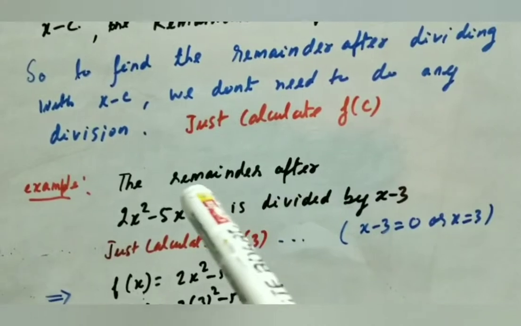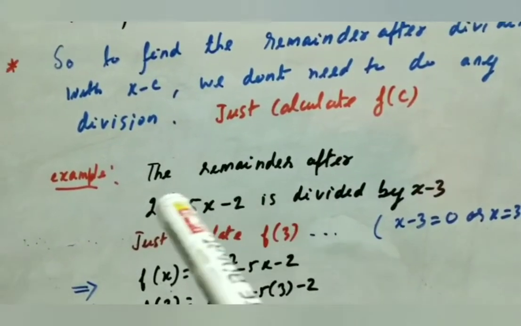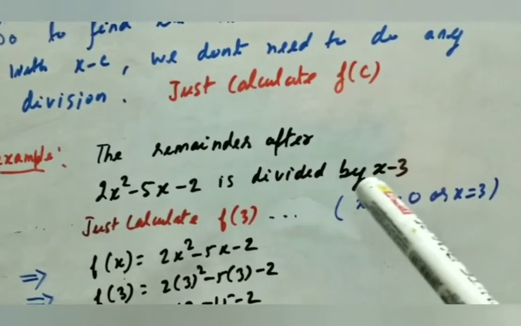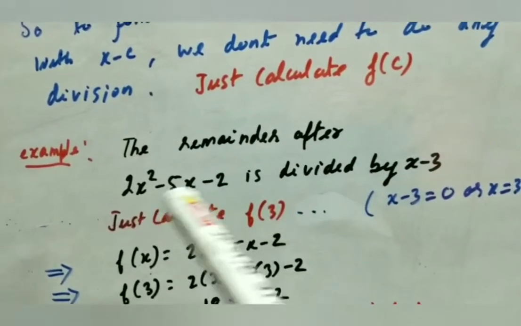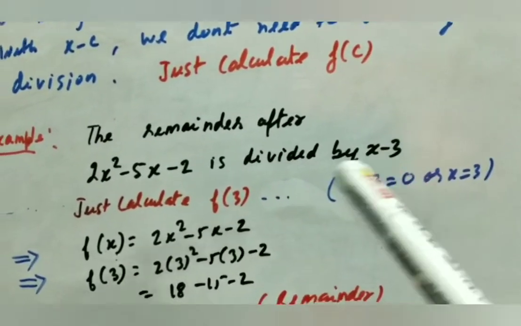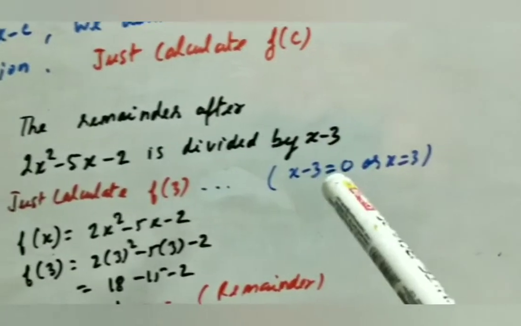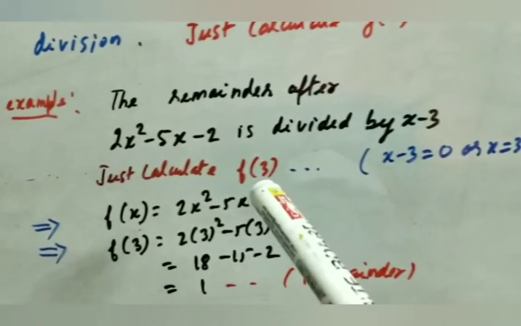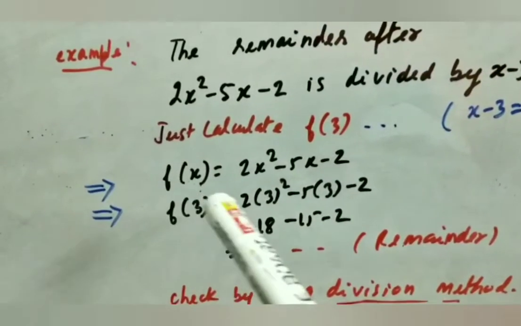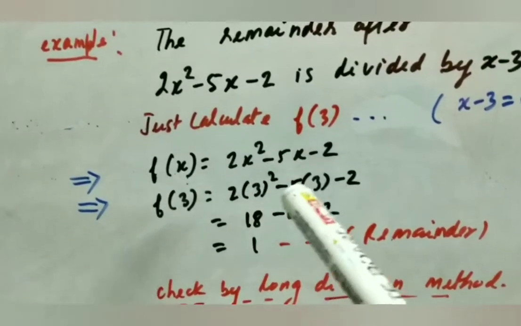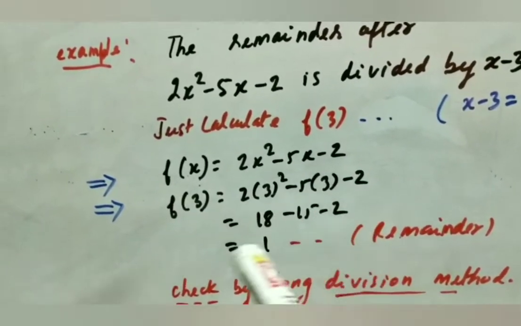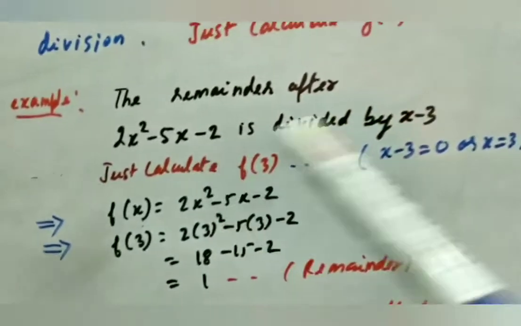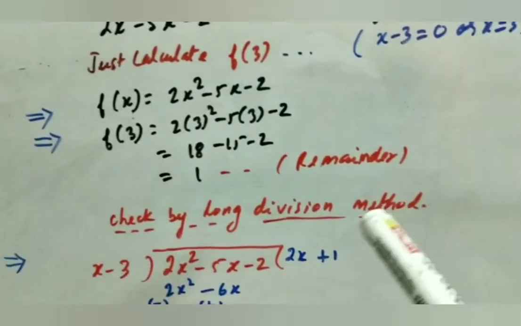Example, you have to find the remainder after you divide this by this. So polynomial divided by x minus 3, just calculate f(3). x minus 3 is 0, x is 3. So f(3), 2 into 3 square minus 5 into 3 minus 2, we get remainder 1. And this you can check by the long division method.